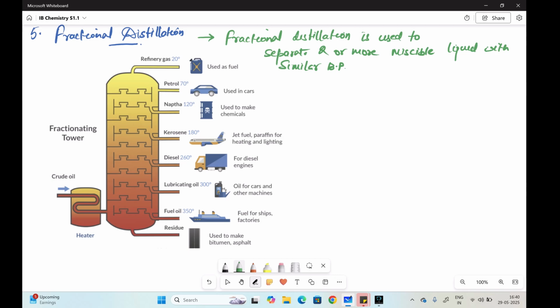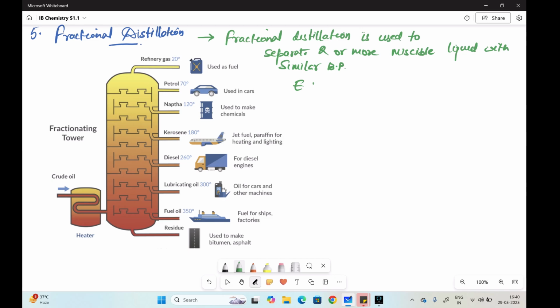So you can see in this fractionating column there are so many things mixed into this crude oil. Let's say petrol, naphtha, kerosene, diesel, all have different boiling points. So the different temperatures are given, and based on the temperature, based on the boiling point, the substance starts evaporating, and things are getting separated, right?